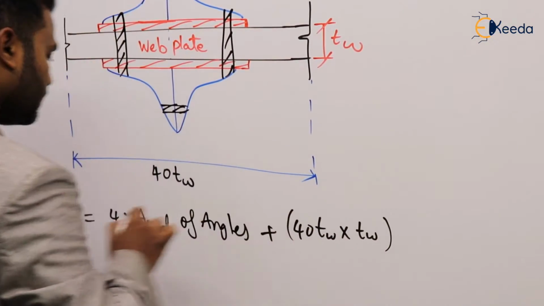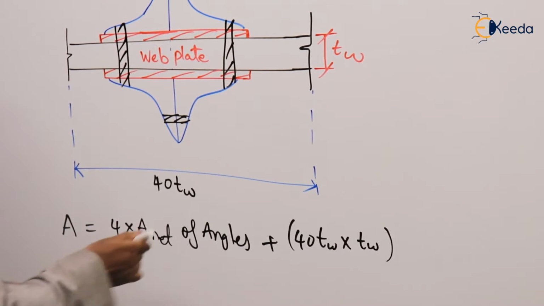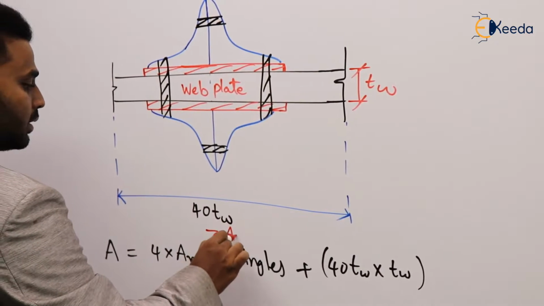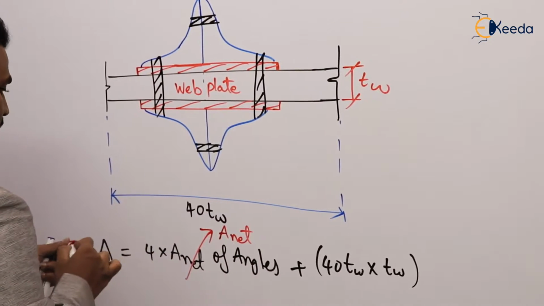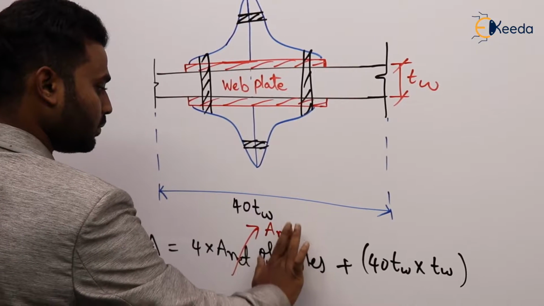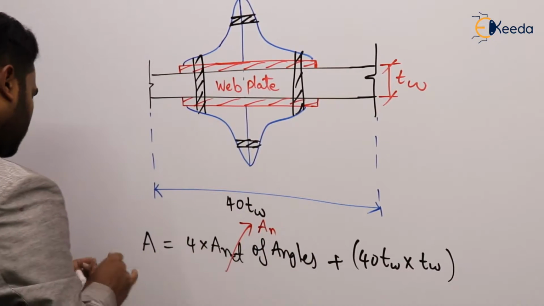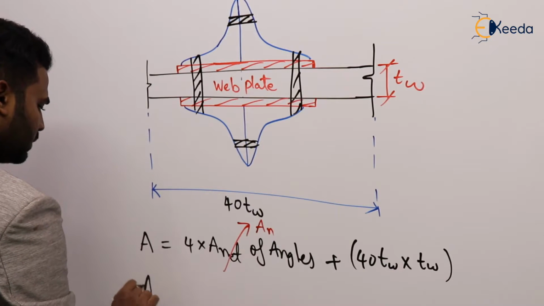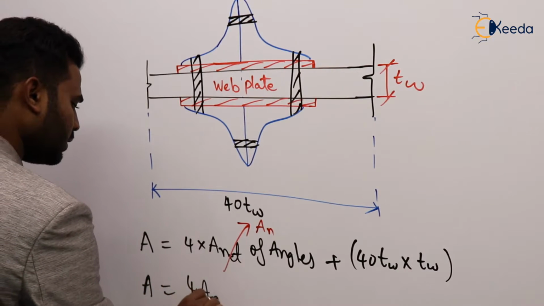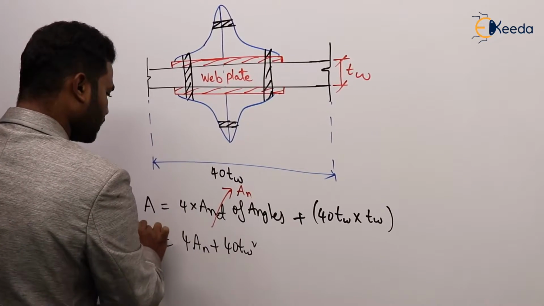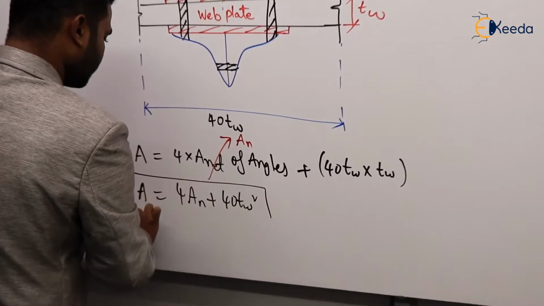I am going to represent the net area of angle as A net, or AN. So finally, area A is equal to 4AN plus 40 TW square. This is the cross sectional area of the bearing stiffener.